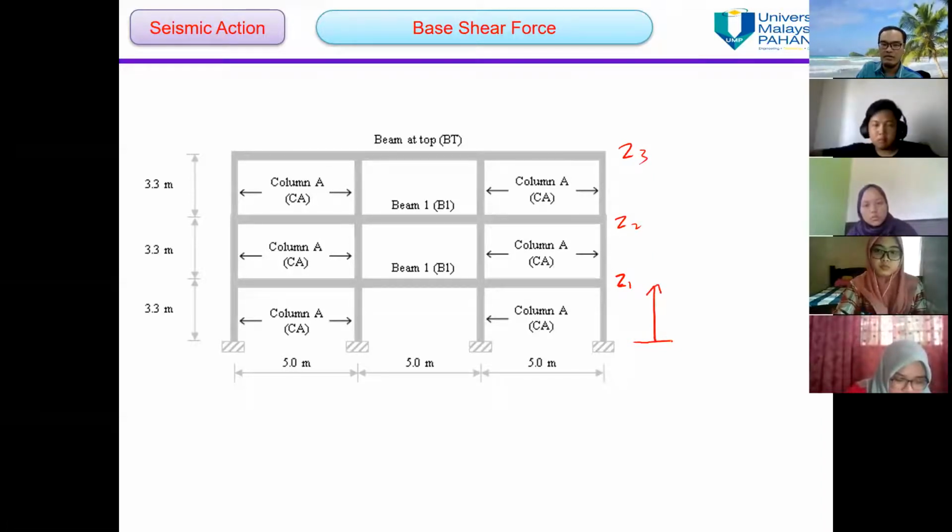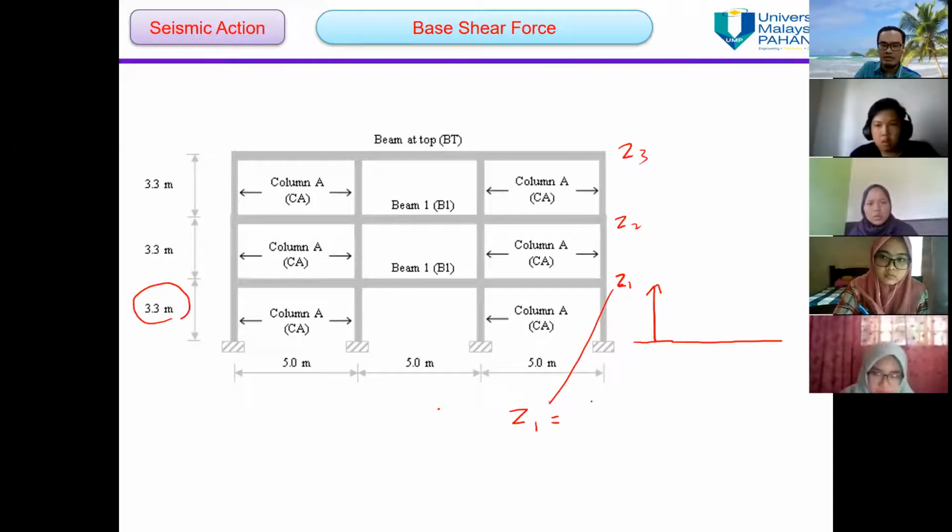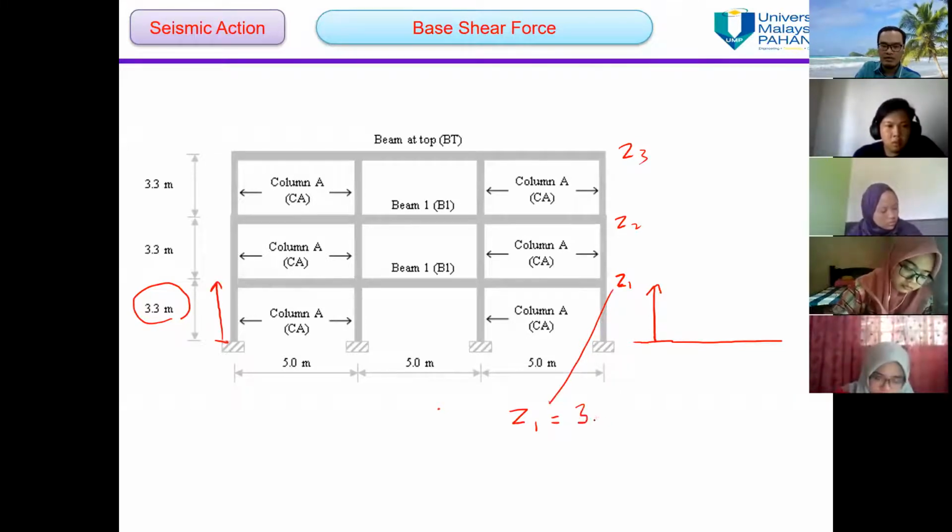So what is the value of Z1? Yes, it is equal to 3.3 meters. Okay, from the rigid basement here up to this level is 3.3 meters.